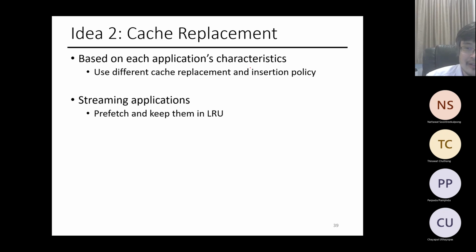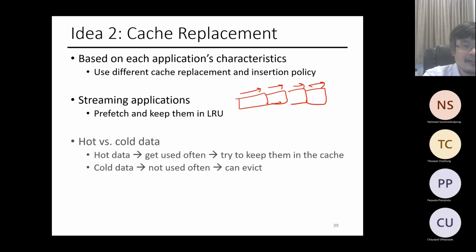These are something that looks like I access this block, followed by the next block, followed by the next block, followed by the next block. But there's no reuse. We keep going, which means that if you put that in the cache, there's no benefit of having them in the cache because I don't touch that address again. So the idea maybe is to prefetch, put them in the cache actively, and keep them at the LRU position so that they get evicted right away.